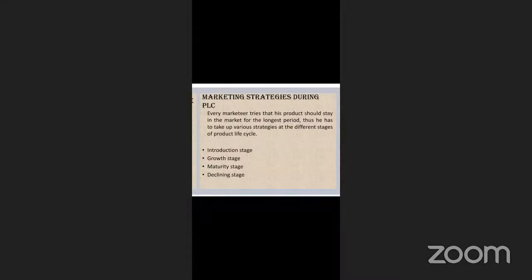So there are different marketing strategies. We have already discussed in class what marketing strategies we need to use. Every marketer tries to keep the product in the market for a longer period, so the business houses have to take up various strategies at the different stages of the product life cycle.